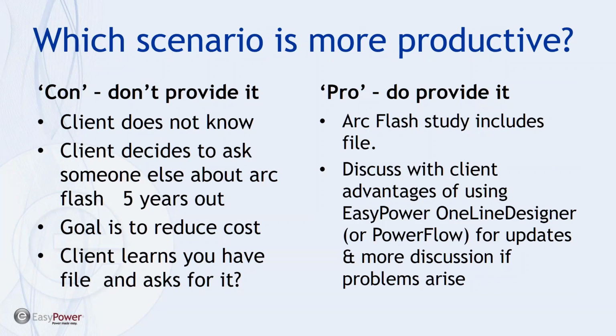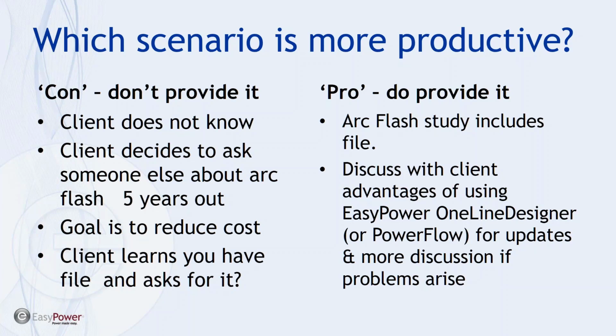If I take a con position, whereas, well, I don't provide it, the client may not know that the database even exists or how important it is to him. And if his primary objective is to update the arc flash study every 5 years, what are the chances he's going to go to someone else for that study, not knowing that the database already exists?